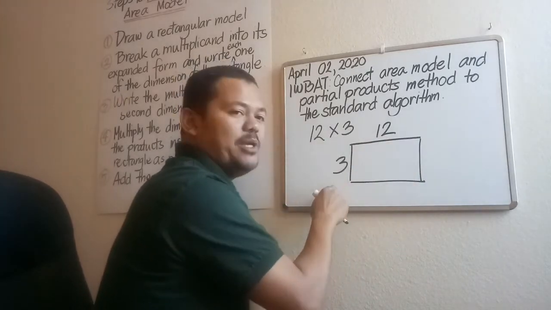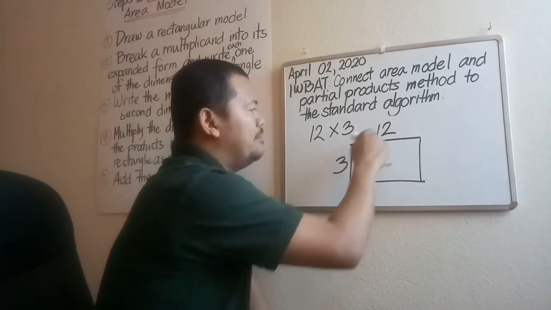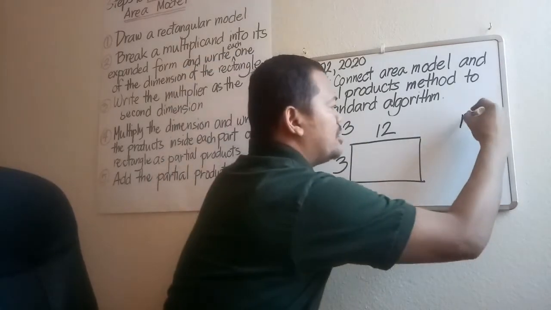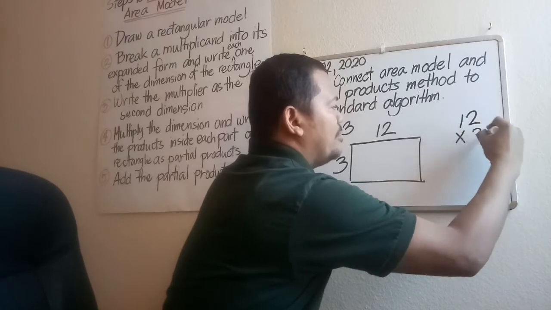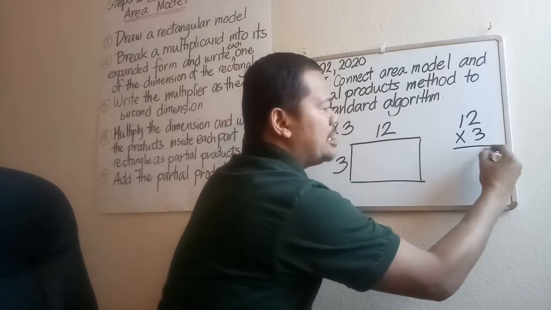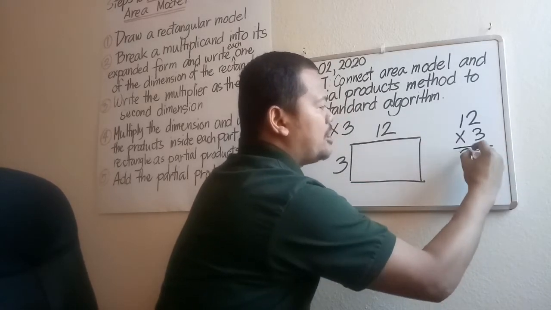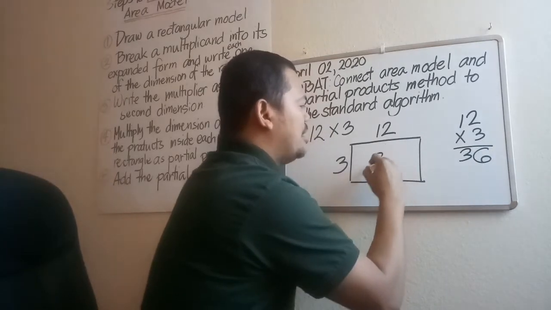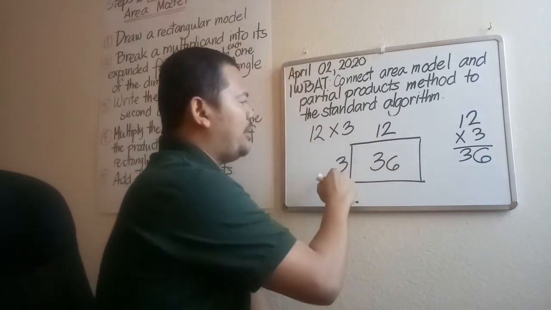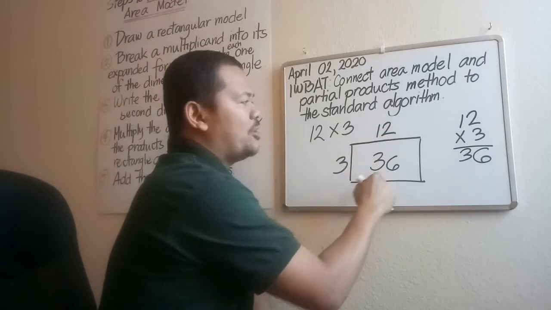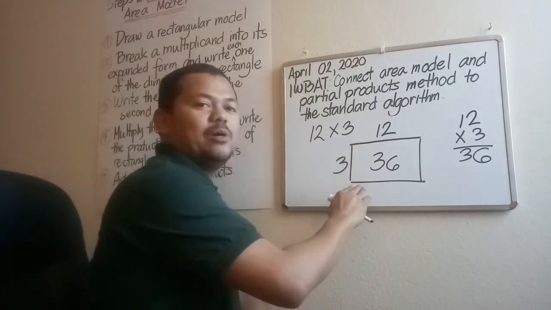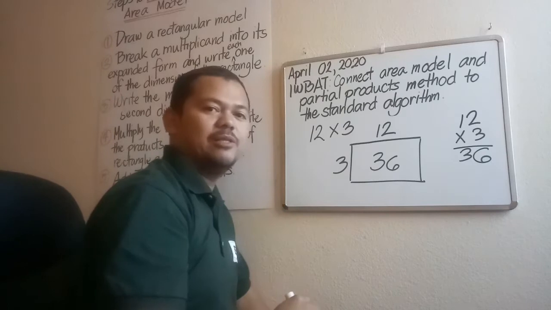The second side will be your multiplier. Then multiply them, just like in the standard algorithm. 3 times 2 equals 6. 3 times 1 equals 3. So the answer is 36. So 3 times 12 is equal to 36. This is how you multiply using area model.